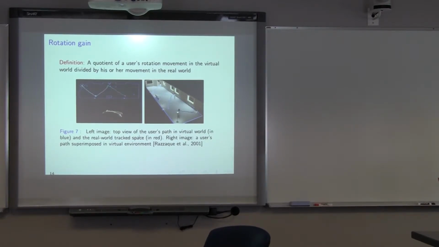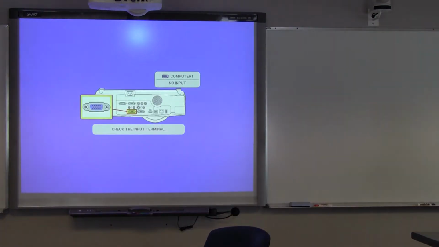At the waypoint where he turned, we can insert a rotation gain of 0.5, which makes the user rotate half as much in the virtual world as in the real world. So if he turned 90 degrees in the virtual world, he will turn 180 degrees in the real world. So when he walks along the zigzag path in the virtual world, we can make him walk back and forth in the real world.